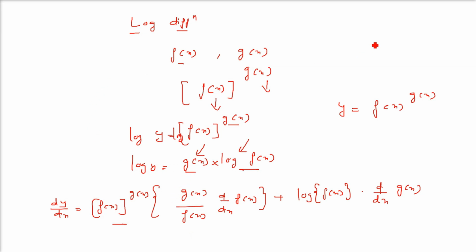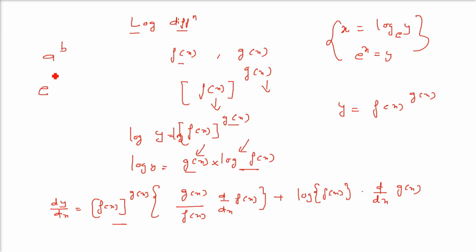So the important thing is log. Let me recall the things which we already did in the previous classes. If we have x equals log y, the base is e, this entirely means that e to the power x is y. If you understand this, all log questions will be very easy.